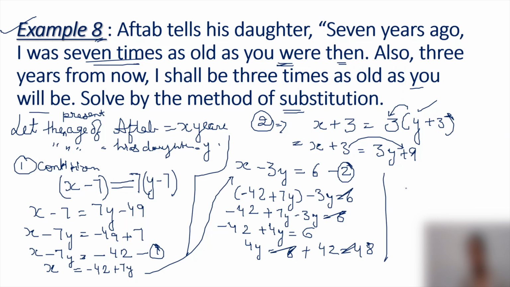Now y is equal to 48 divided by 4, that is equal to 12. The age of daughter is equal to 12 years.